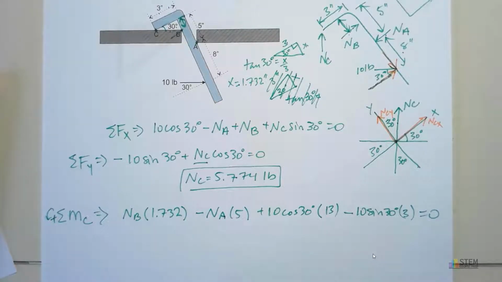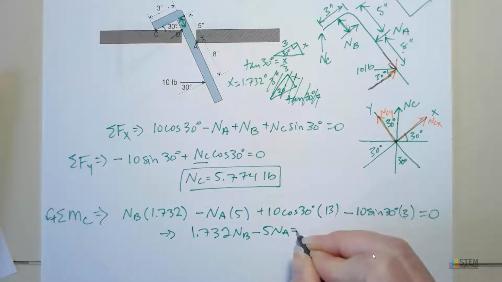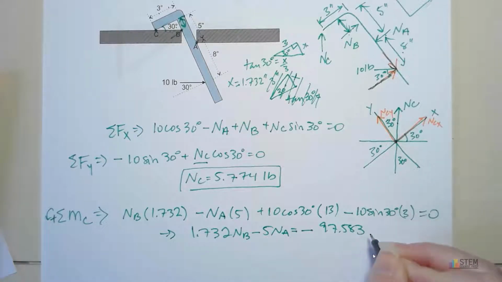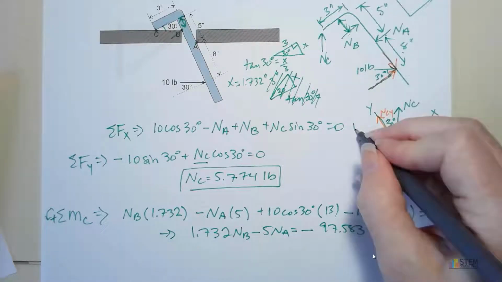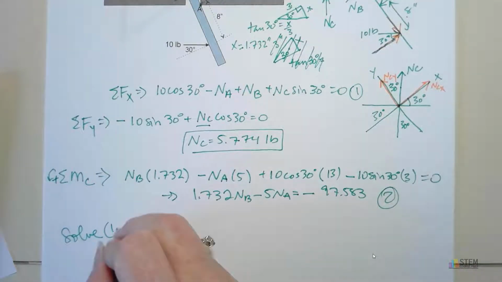So there you have it. And let's go ahead and simplify this one. Here you get 1.732 NB minus 5 NA. That's going to equal negative 97.583. So now you'll take equation 1 and equation 2, and you'll solve those simultaneously.